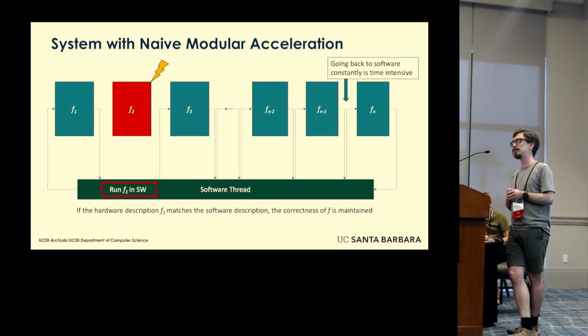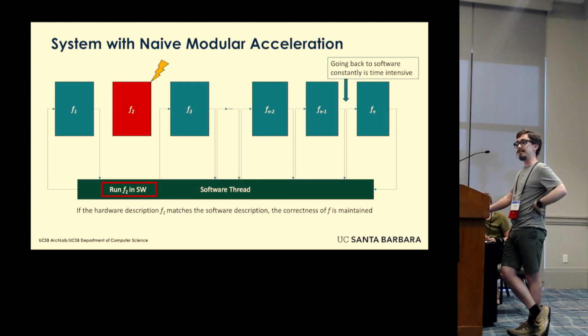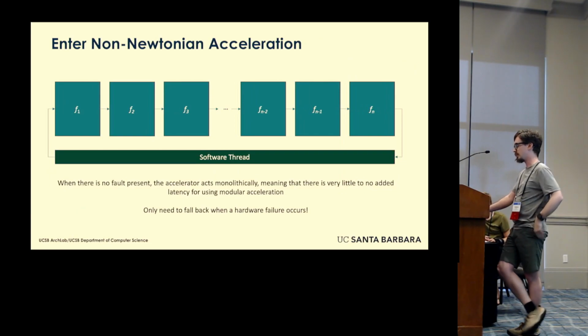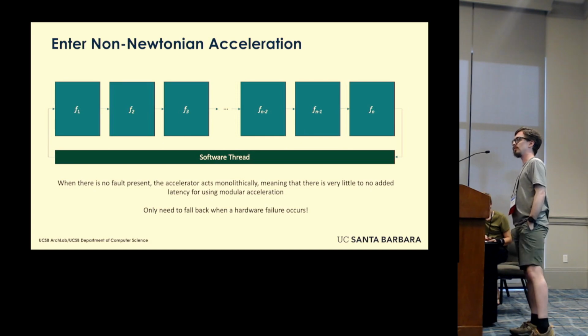This still has this downside that we're going constantly back and forth to software. It's not really ideal. There's a lot of overheads that come along with calling accelerators today, particularly fixed function ones. And we're trying to maintain correctness here with respect to the original design. We are trying to assume that we're going to have the same semantics for each of our pieces. So what we are trying to propose to do is build a kind of accelerator design workflow where we are able to break our accelerator up into all these pieces, but we don't need to fall back to software every single time that we're going to make a separate call.